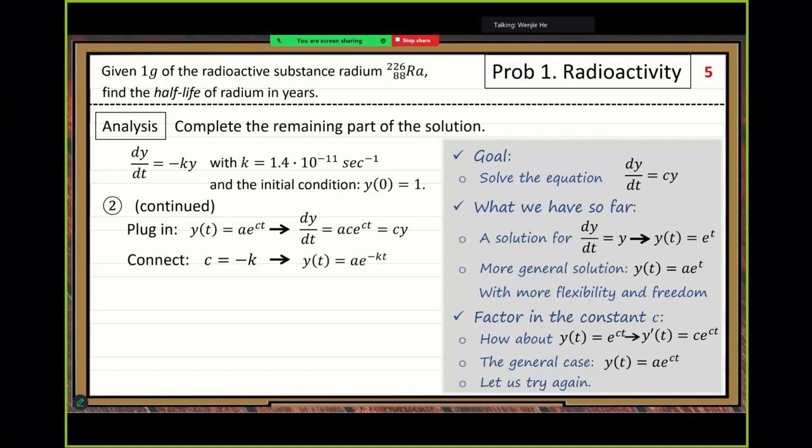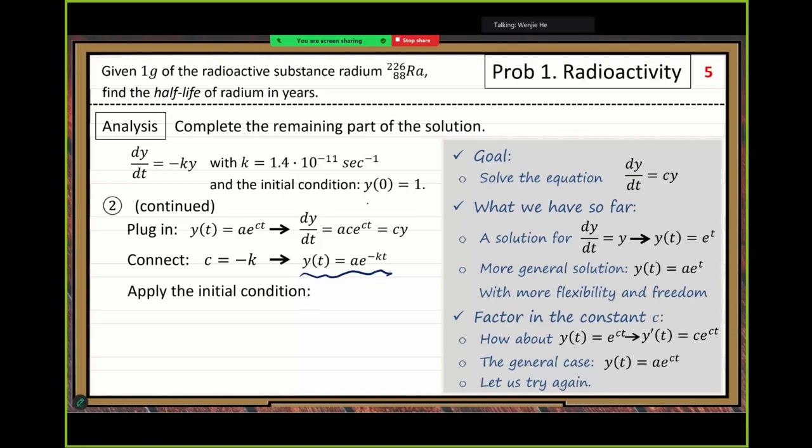So we update our function in this form. But A is unknown, undetermined. We need to determine A. To determine A, we use the initial condition.